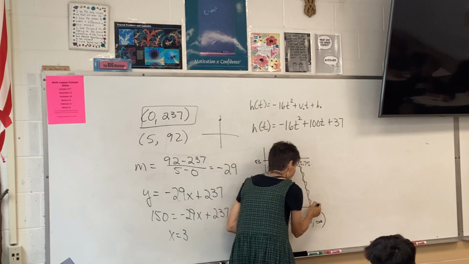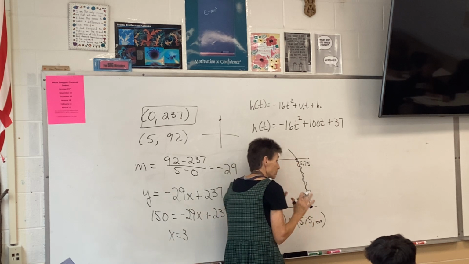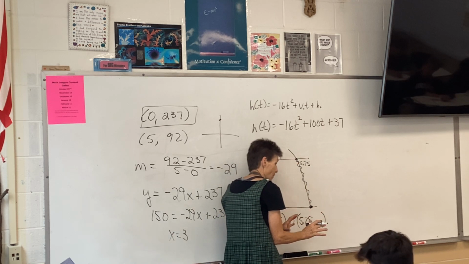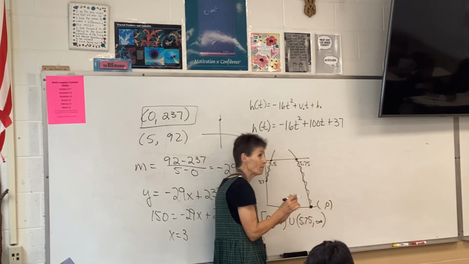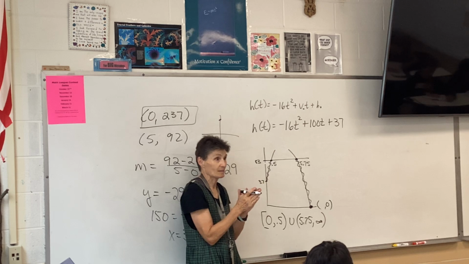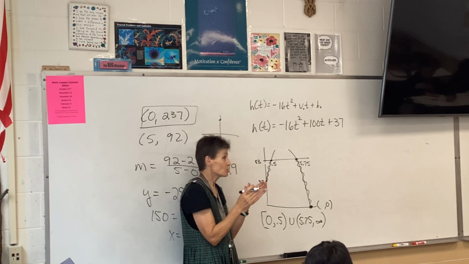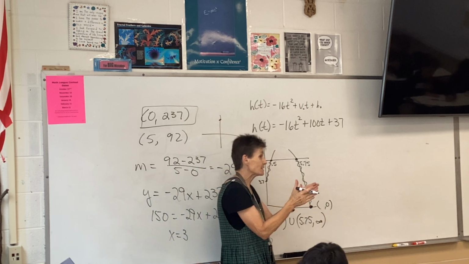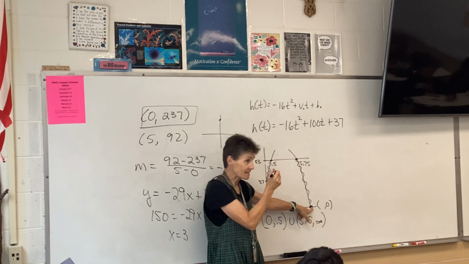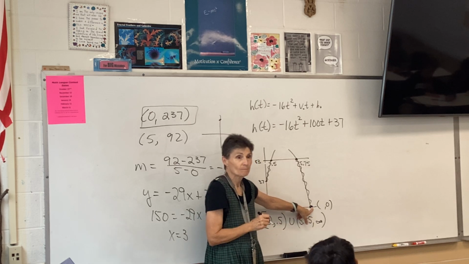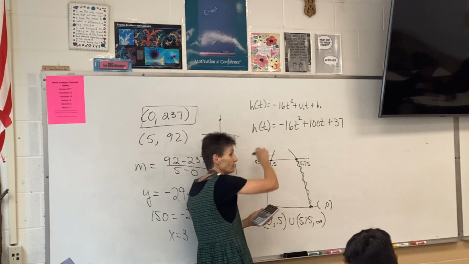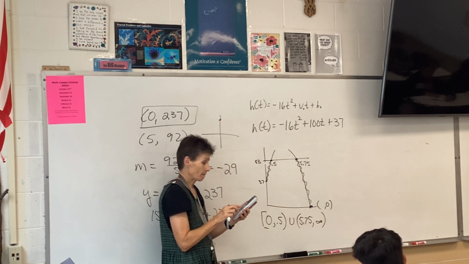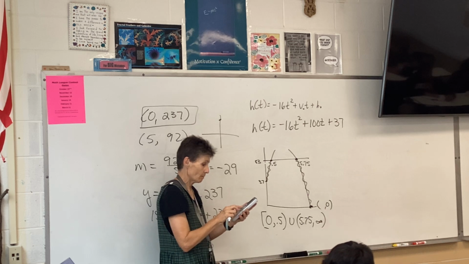So now we need to figure out what that point is. Please don't say 0. The y coordinate is 0, but I want the x. So I need to figure out when does it hit the ground. That's that x, when it hits the ground. So I can go back, use that equation, and find the 0.